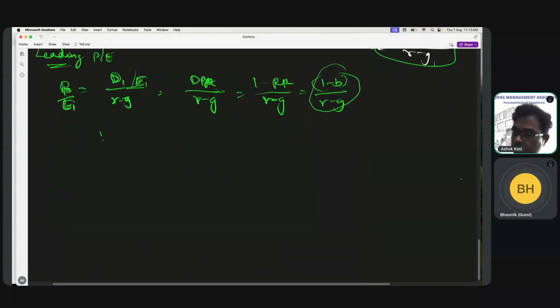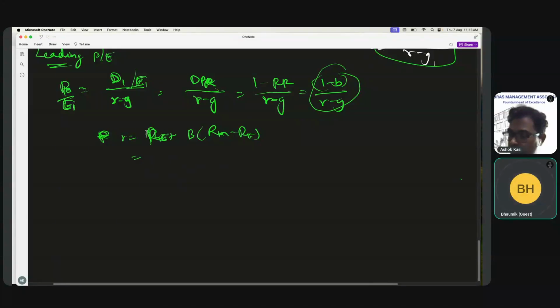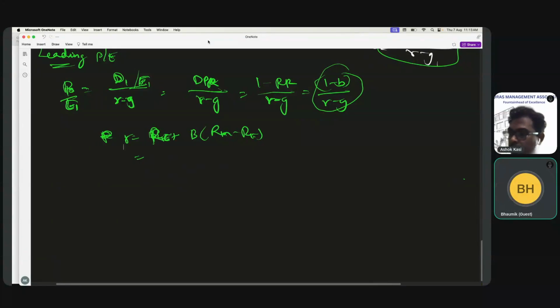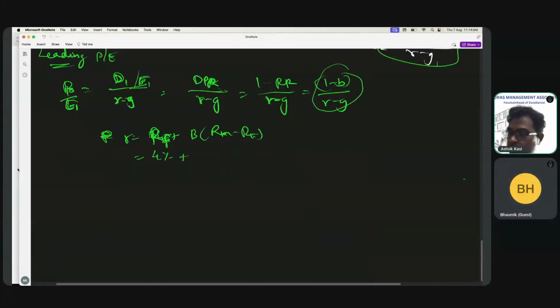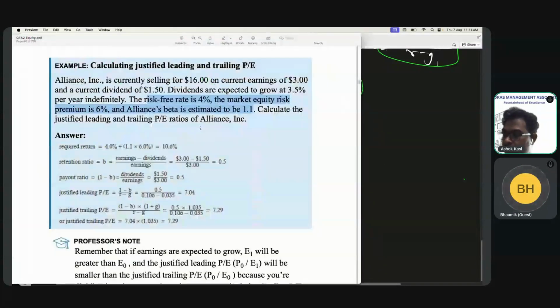First, you calculate R, the required rate of return, using CAPM: R equals RF plus beta into RM minus RF. So RF is 4 percent plus beta is 1.1.